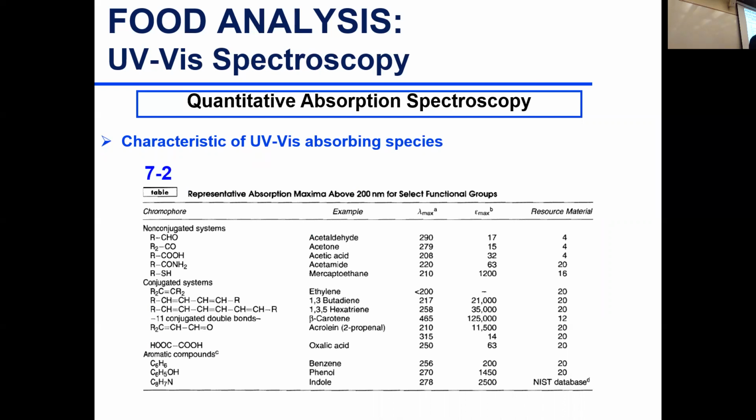So even if you don't have standards to run for calibration, if you have this information for your compound, you can actually calculate concentration, because then you have your absorptivity at a particular wavelength, you have the path length, you can relate absorption to concentration. So if your compounds of interest already have a molar extinction at a particular wavelength, you don't have to run standards.